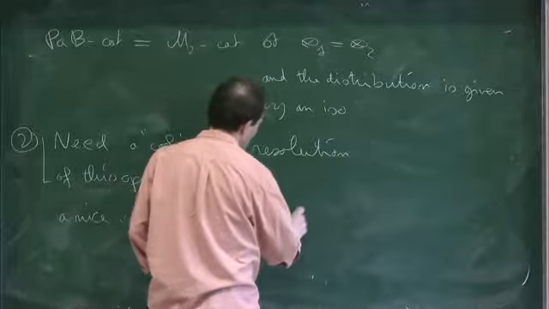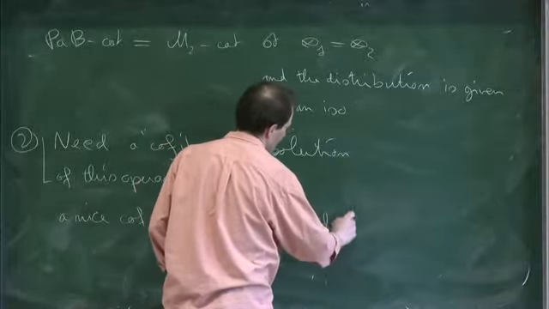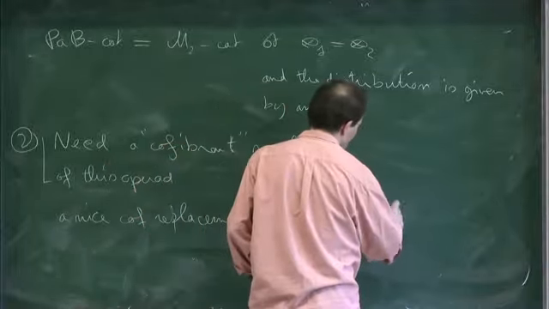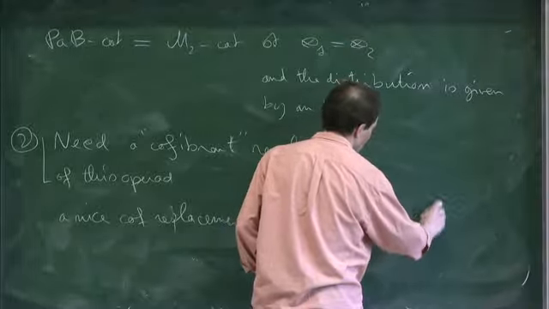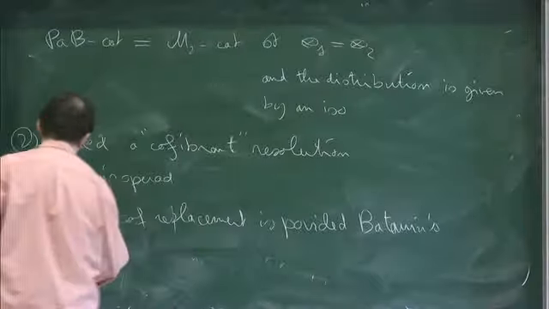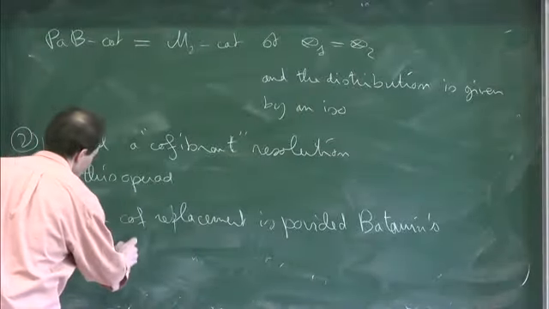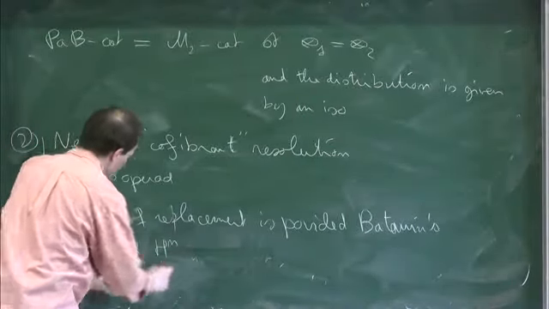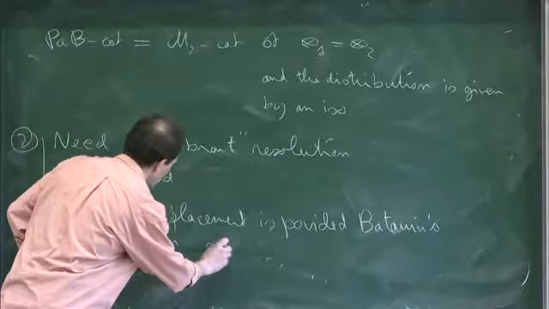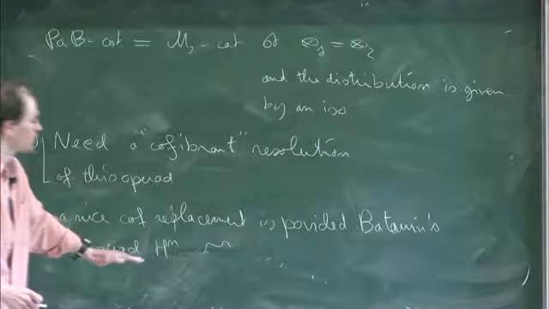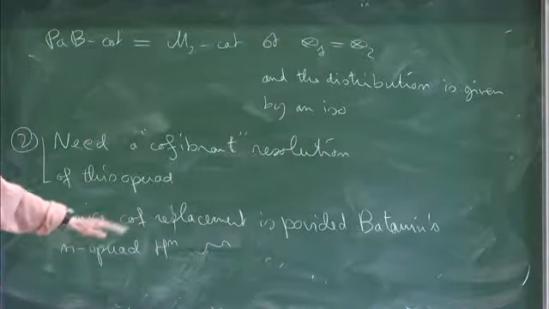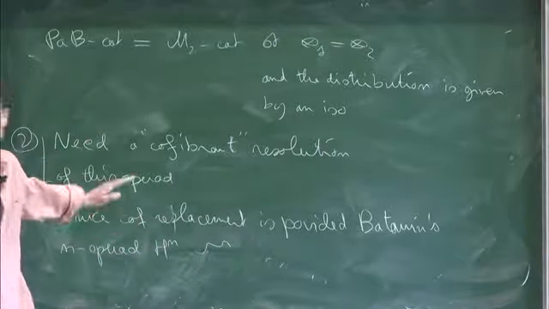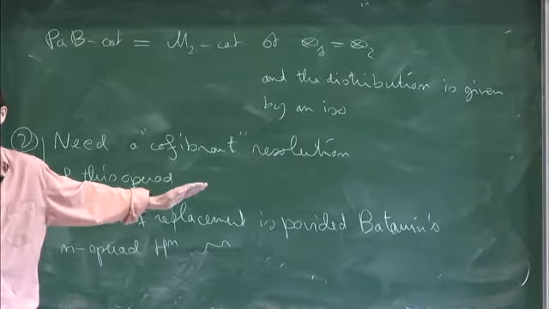is provided by Batanin's operad of n-fold trees, Hn. So this one is related to a cofibrant resolution. That's what I need for my purpose, to associate a simplicial operad.